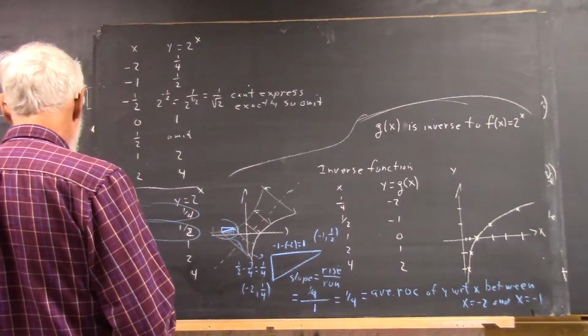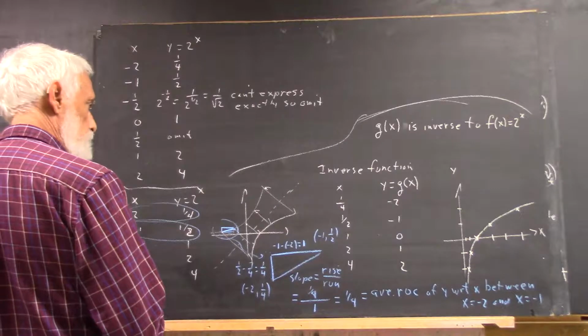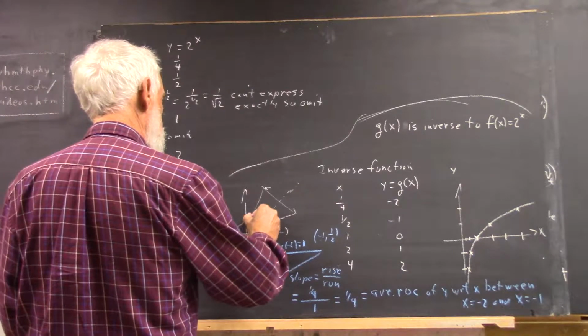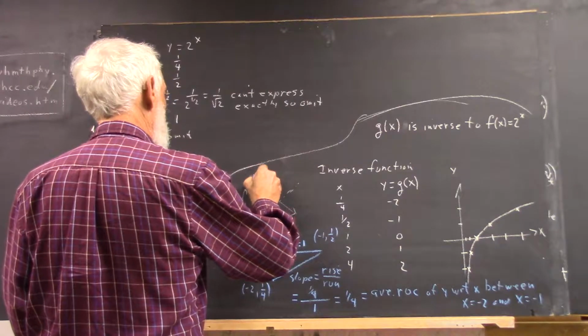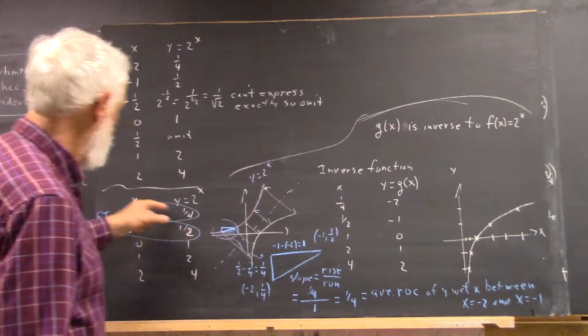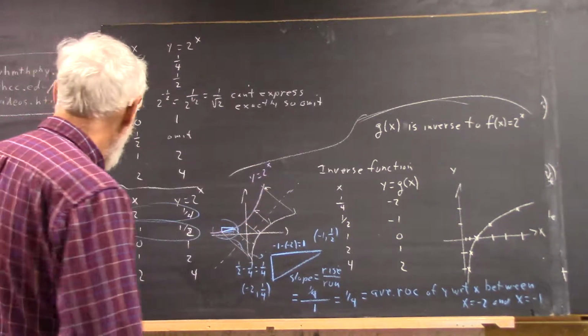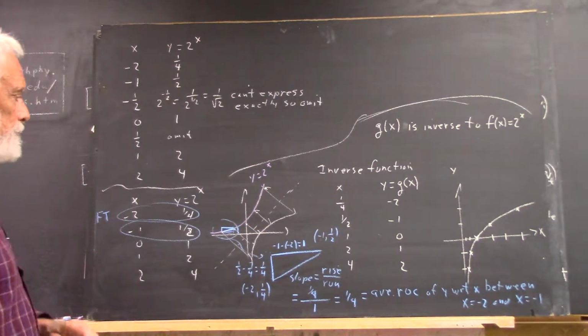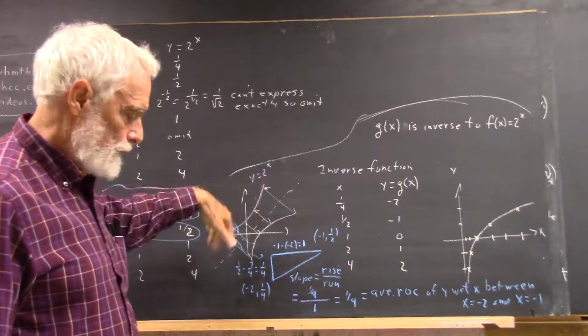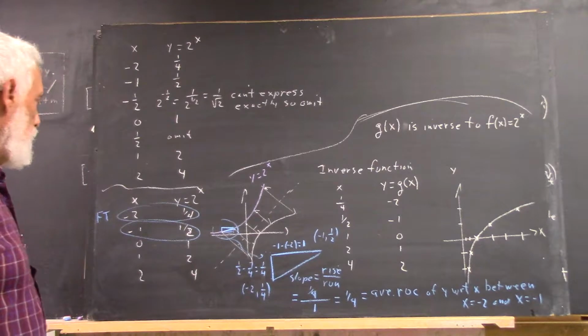And here are our points from the table. Here's a smooth curve. And there's no subtlety to this curve. It's very clear how to draw it.